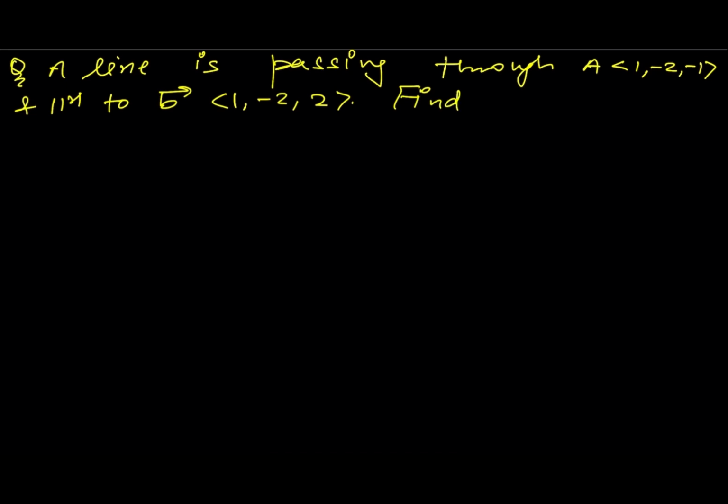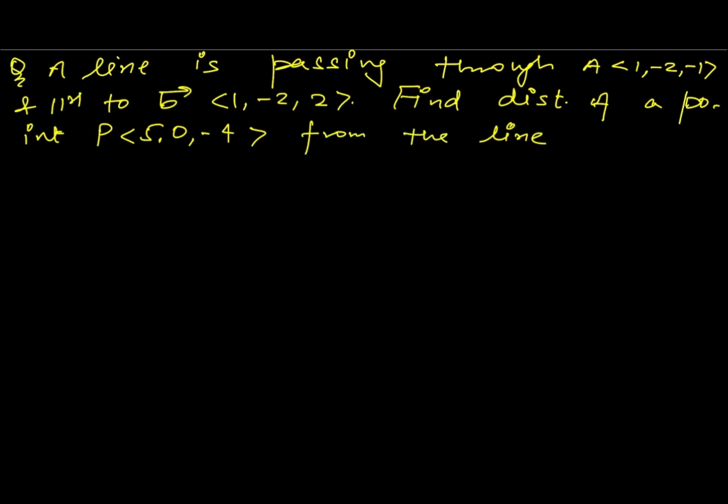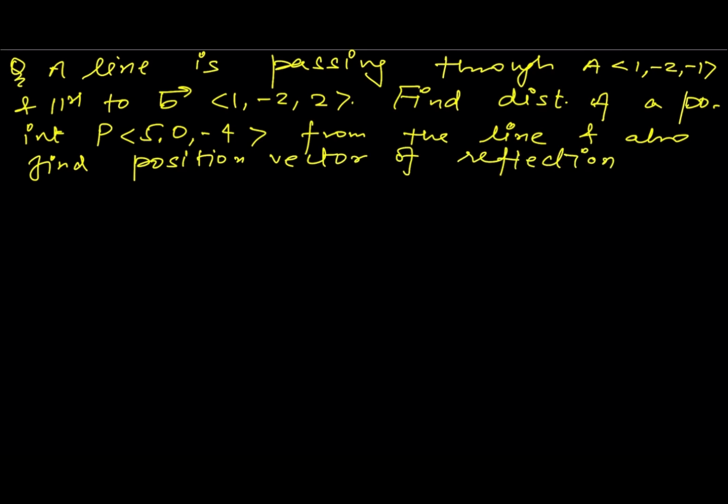Find the distance of a point P (5, 0, -4) from the line, and also find the position vector of the reflection of point P with respect to the given line, right?